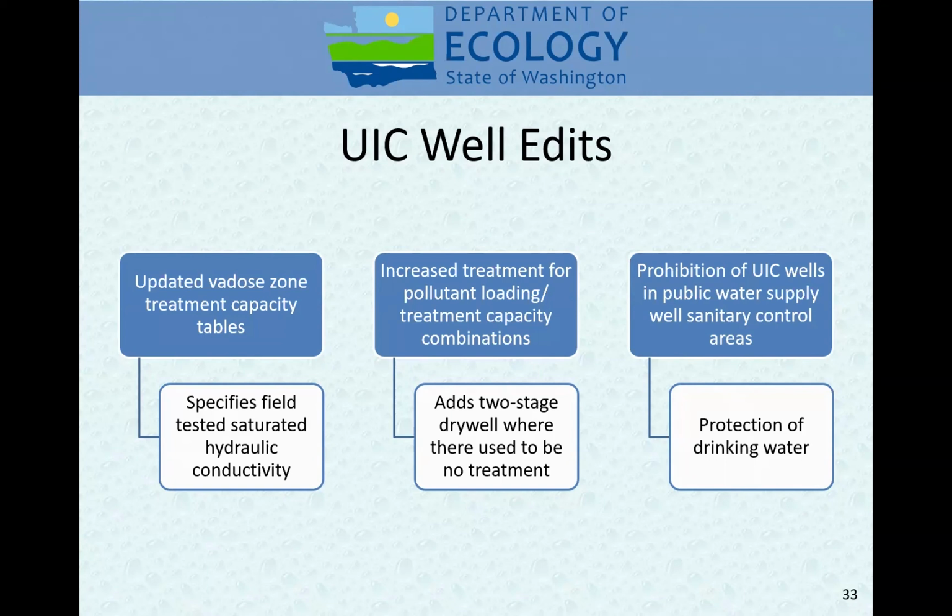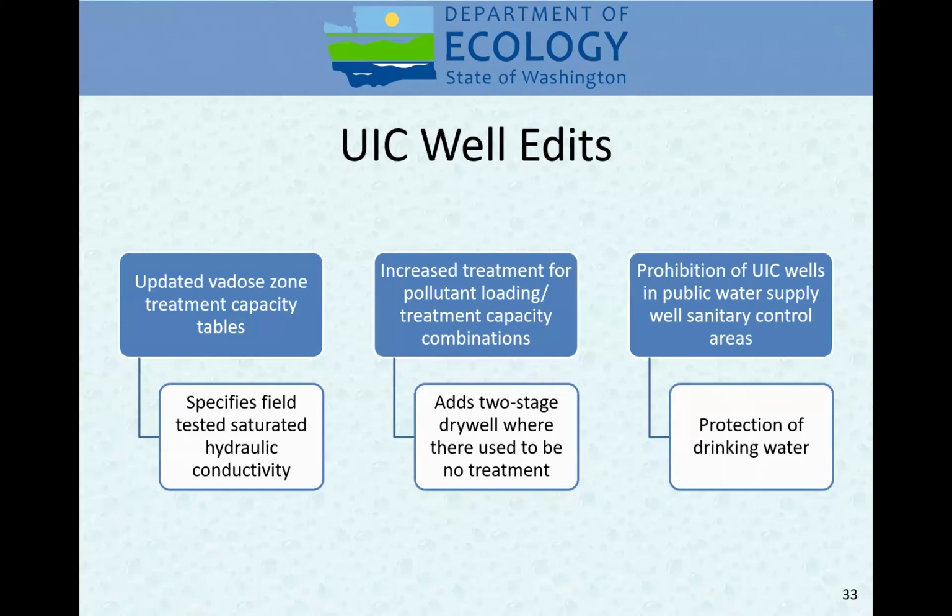Under the UIC rule, we don't have to do any treatment. We just have to put a two-stage dry well before we put water into the dry well. We don't have to do basic treatment, which is required under the permit. So we've changed some of those rules, some of the descriptions of what constitutes treatment.